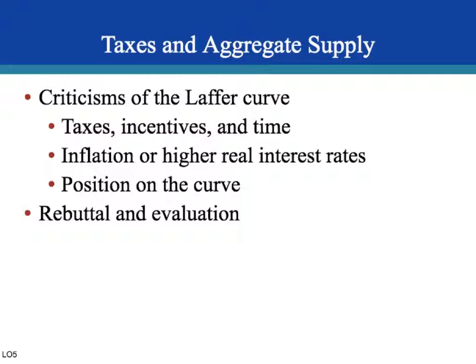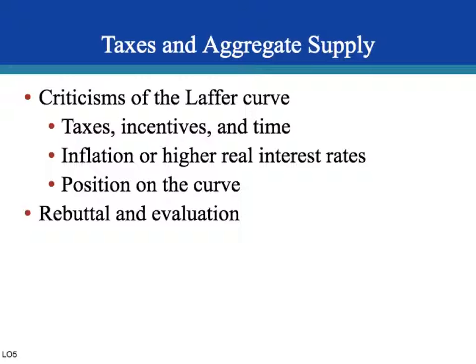This will probably prompt the Fed to engage in restrictive monetary policy to help control inflation. Then real interest rates will rise, which will decrease investment. So it kind of cancels out the purpose of lowering taxes to begin with. And also, the position on the curve: we assume a point M, but what exactly is point M? It's kind of hard to understand what that point is in the US.